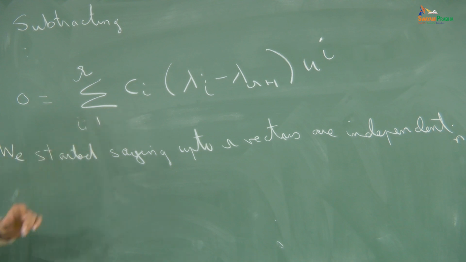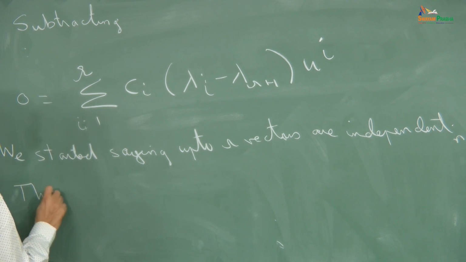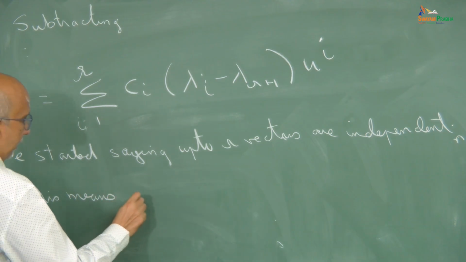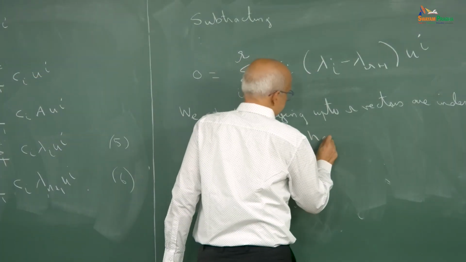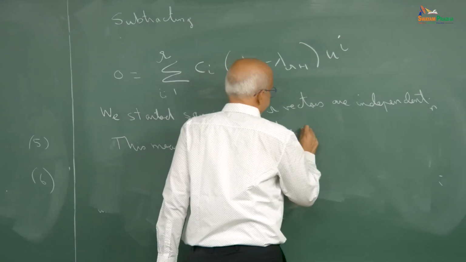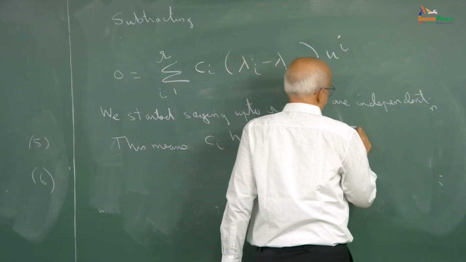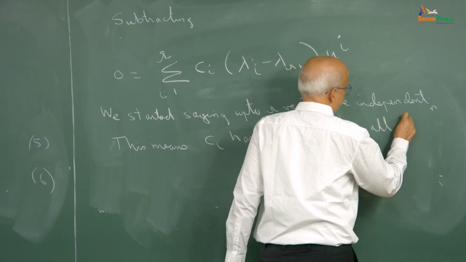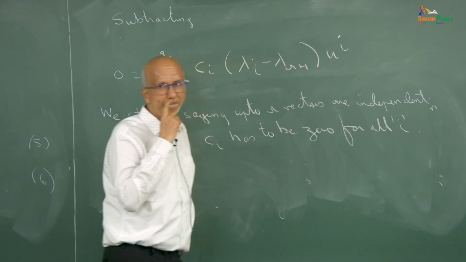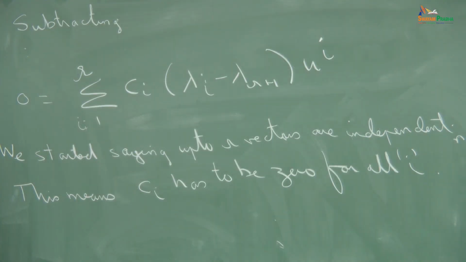That means Ci has to be 0 for all i. I cannot get a non-zero Ci.